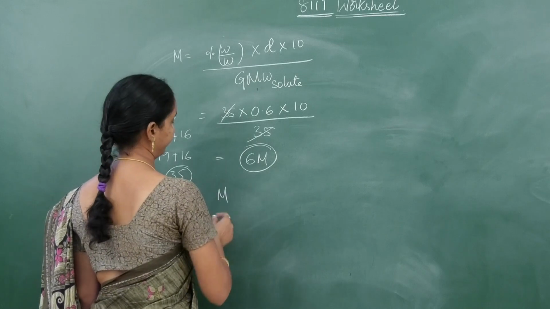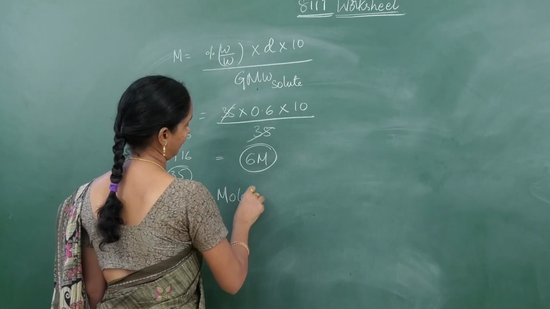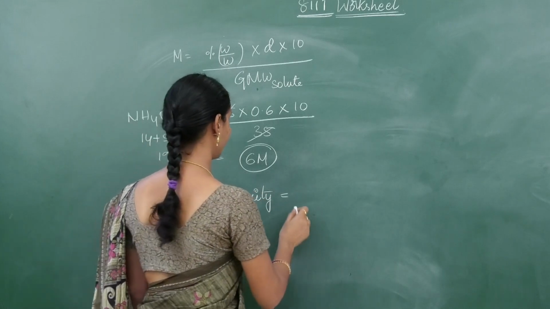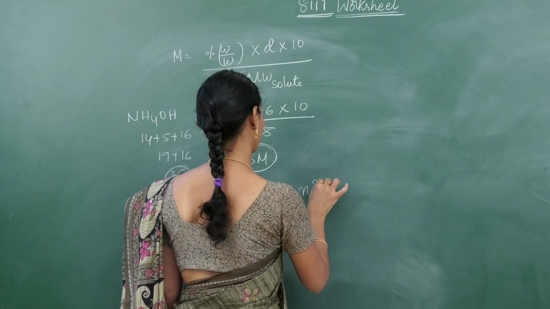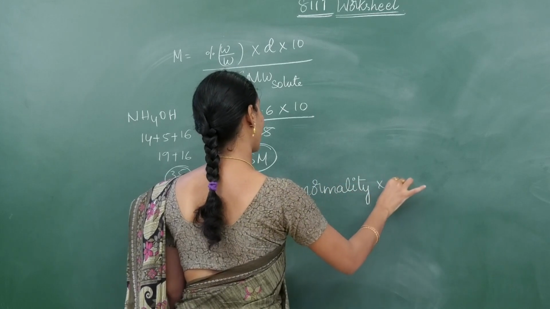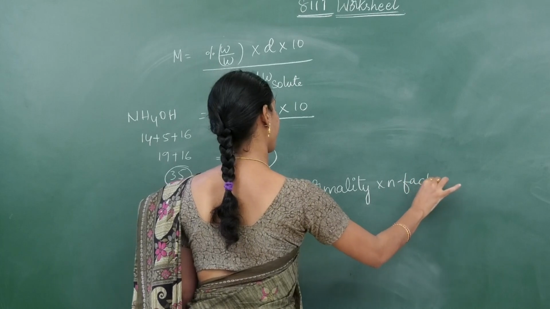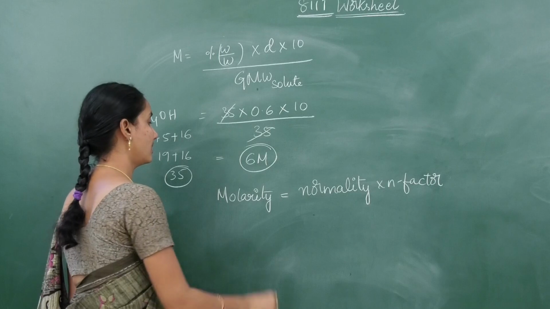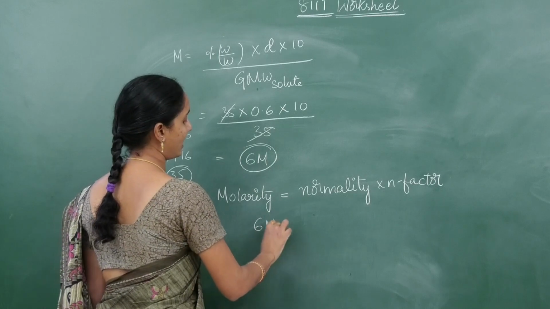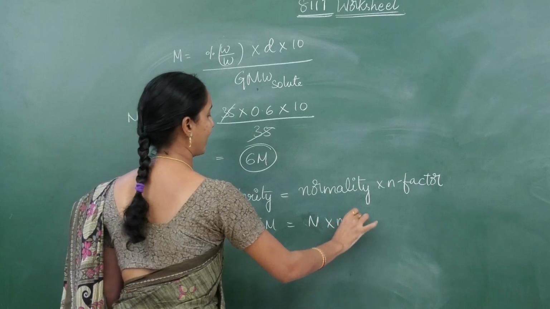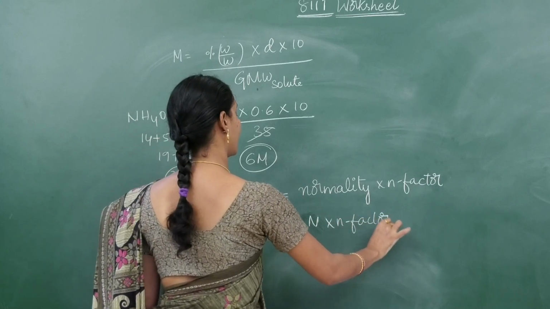The relation between molarity is equal to normality into n factor, children. Molarity is 6 molar here, and normality we need, so capital N into n factor. What is the n factor here?